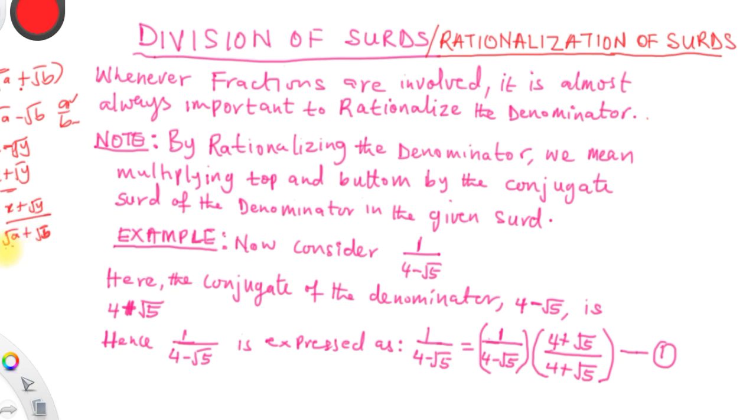First, you find the conjugate of the denominator. The denominator is square root of a plus square root of b. What is the conjugate? It's square root of a minus square root of b.